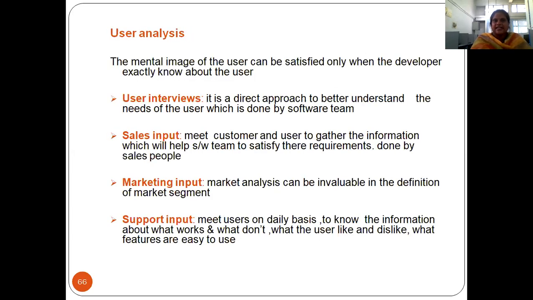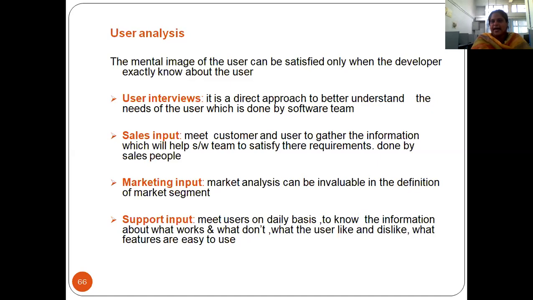Now, user analysis. The mental image of the user can be satisfied by this user analysis. You have user interface, sales input, marketing input, and support. With the user interface, you will have an interaction with the user. You will know what the user wanted and understand the needs of the user, and that will be understood by the software team. It is a direct approach to the user by the software team. Sales input means we meet the customer and gather information that helps the software satisfy those requirements, as done by the salespeople.